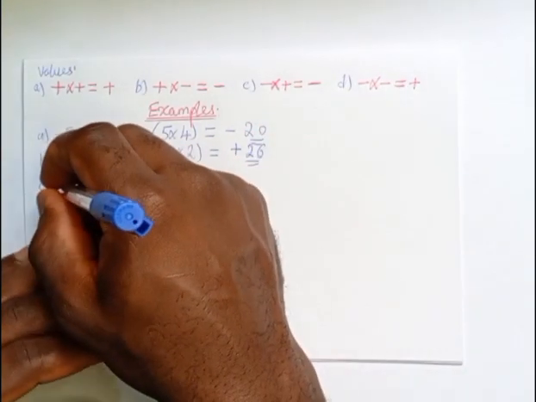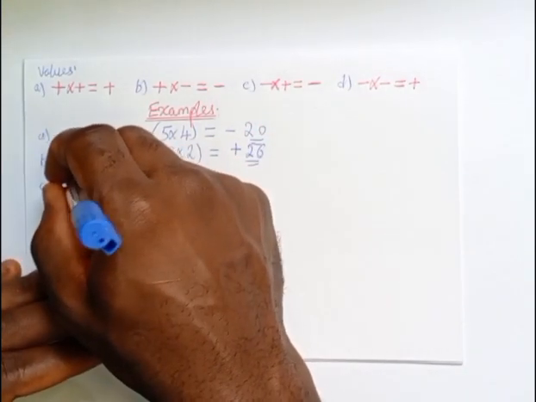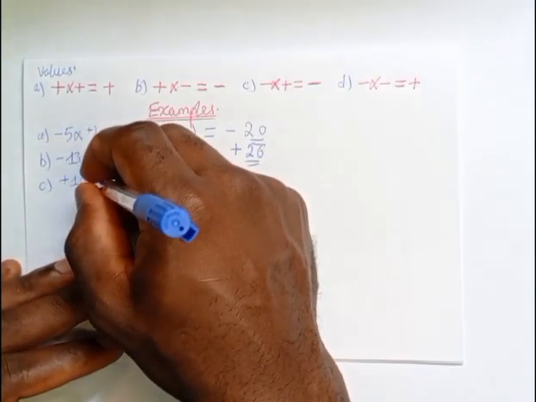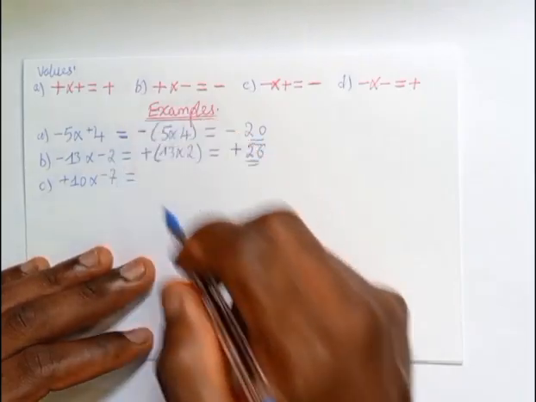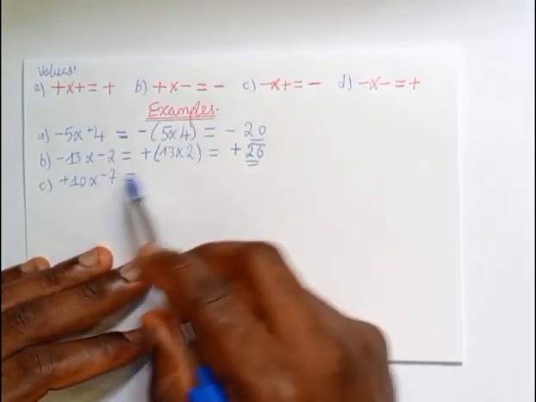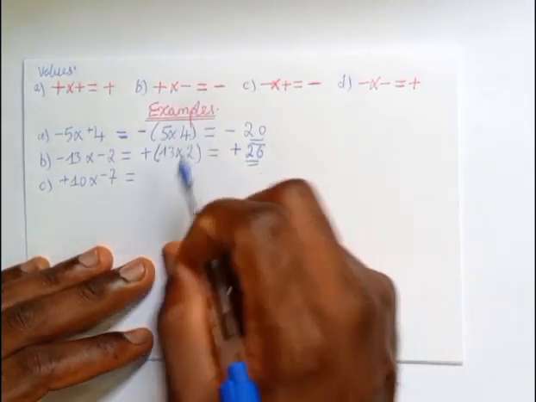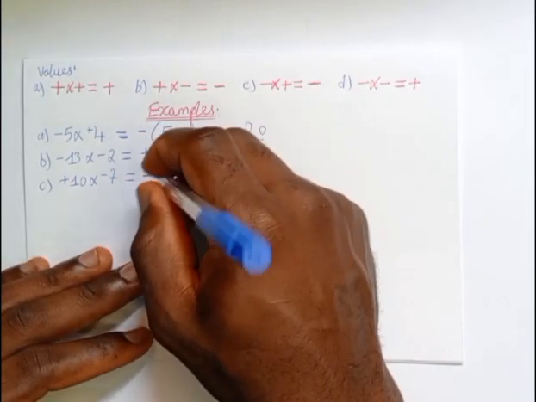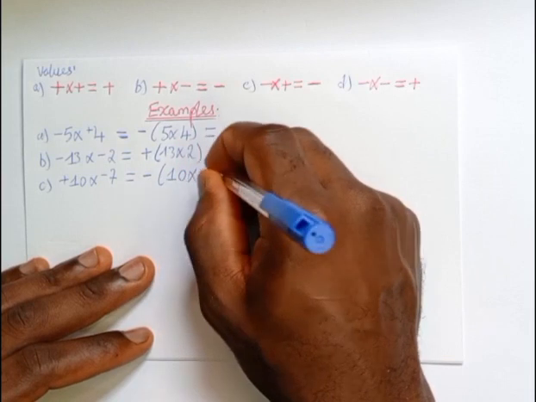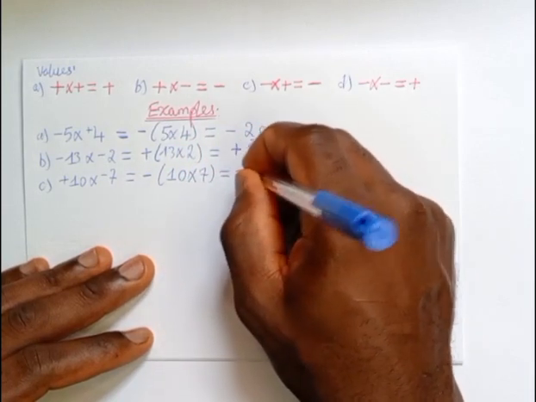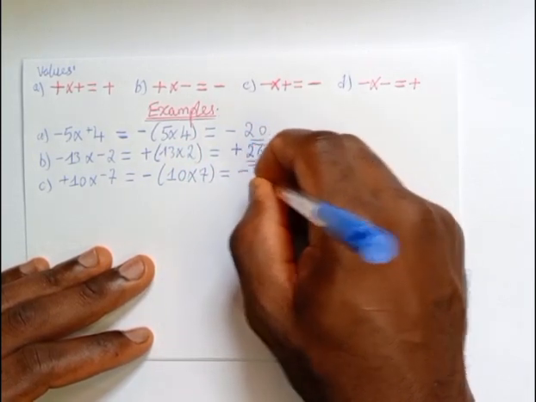We go to C. For C, we have positive 10 times negative 7. This will simply be equal to, applying the sign rule, positive times negative gives us negative. We put the negative sign. Take the product of the absolute values, 10 times 7. This will simply be equal to negative 70.